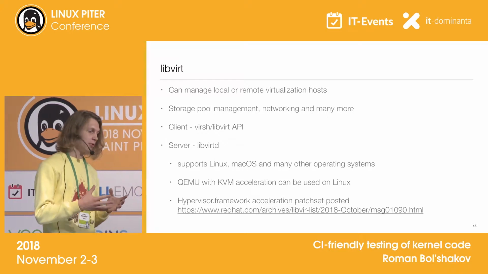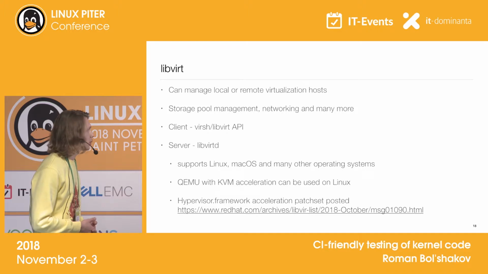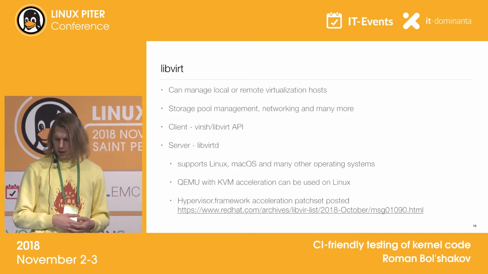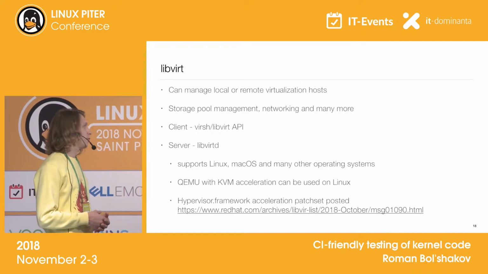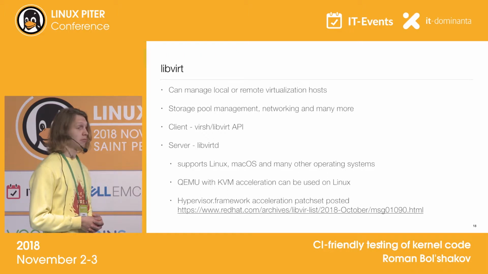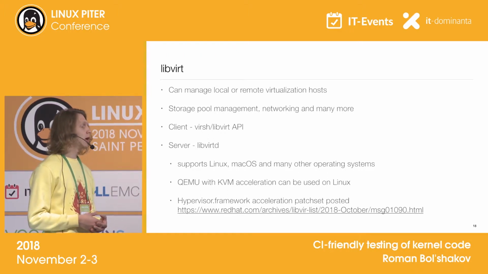In order to have both local and remote operation by hypervisors, we didn't want to reinvent the wheel. libvirt can do everything to configure the network. It consists of 2 parts. It can manage local or remote virtualization because there are 2 parts.